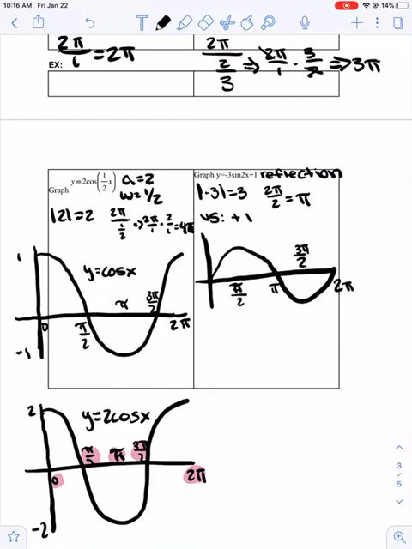This is pi, and this is pi over 2, and that's 0, and it's from negative 1 to 1. So if there's a vertical shift up 1, we're going to be moving everything up 1. So 1, we're now going to be up to 2. And then we'll just label this negative 1.